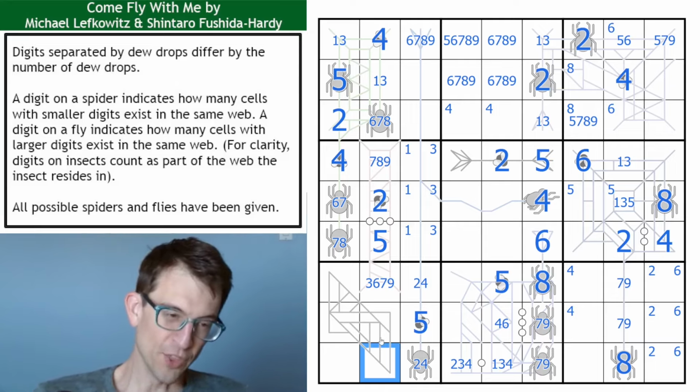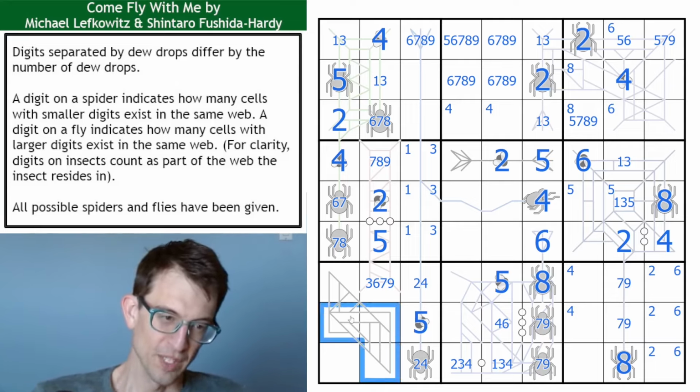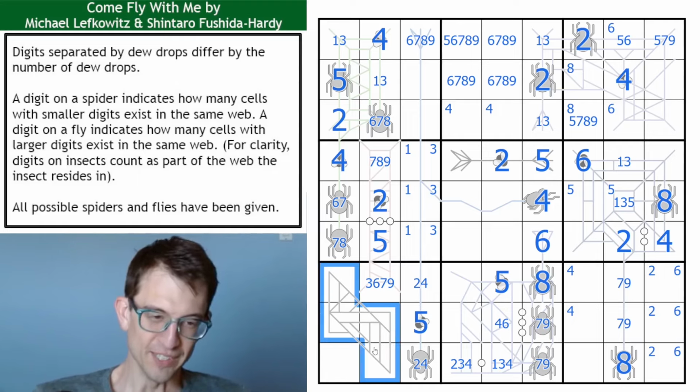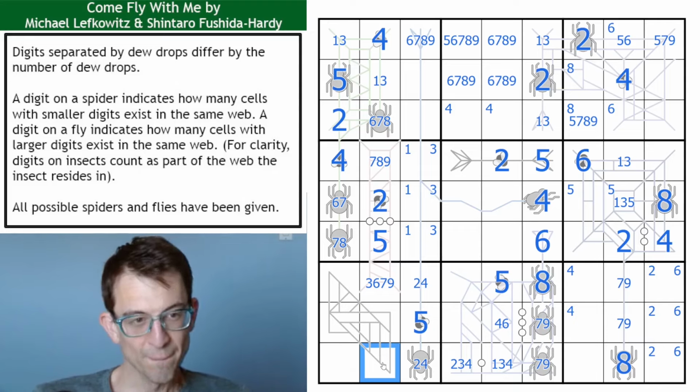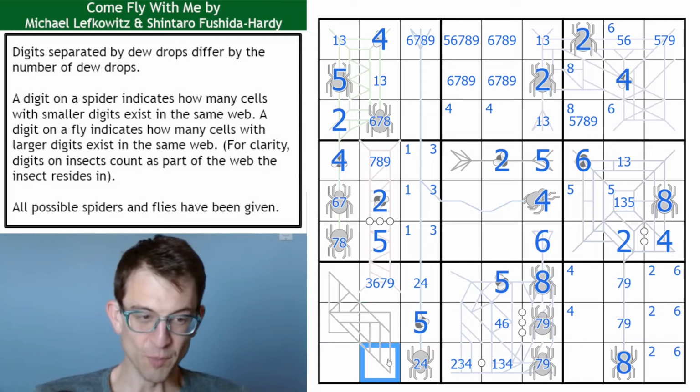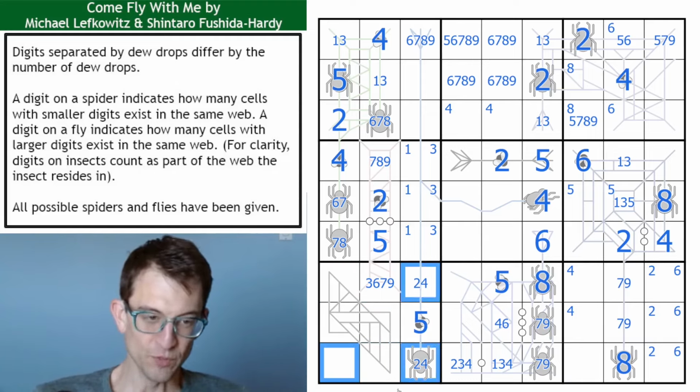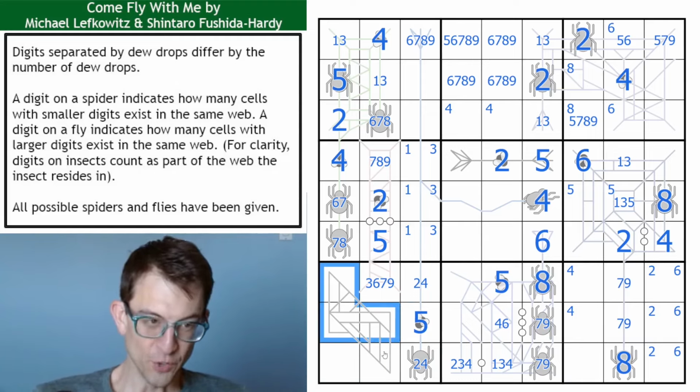Well, between 1 and 3. Okay, 1 on here is not going to matter ever. 3 on here. 3 on the web means that 1 is on the web. Because if 3 is on the web somewhere, and 1 isn't, 2 is gone. So these other 3 digits would be higher than 3, and then I'd be missing a fly.